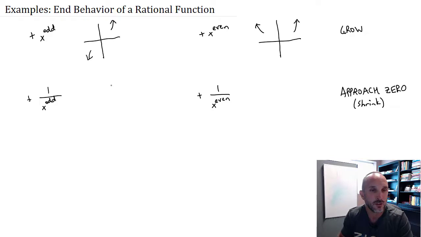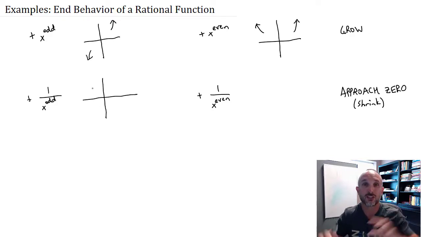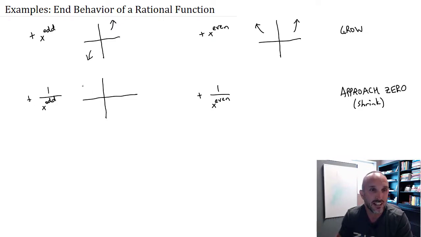Now, if you're dividing by x to an odd power, both ends are going to shrink to 0. The left end is going to approach 0 from the negative side. It's going to come up like this from the negative side and get closer and closer to the x-axis. And on the right side, it's going to get closer and closer to 0, but from the positive side.